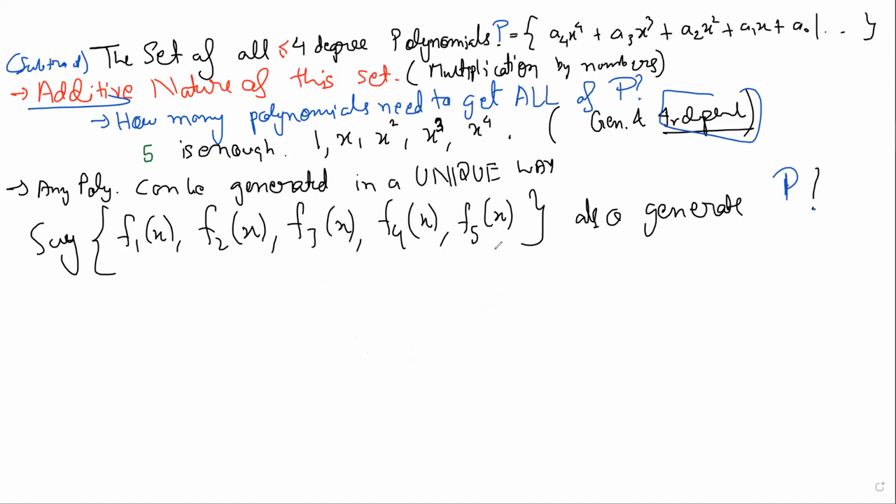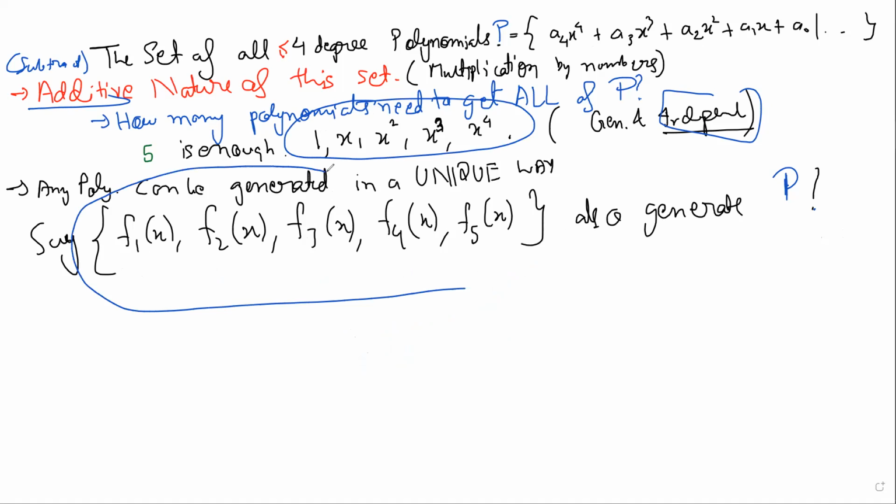So let's say that there are 5 polynomials which also generate P. This is one generating set, one connected graph, one tree. This is another generating set, another connected graph, another tree.